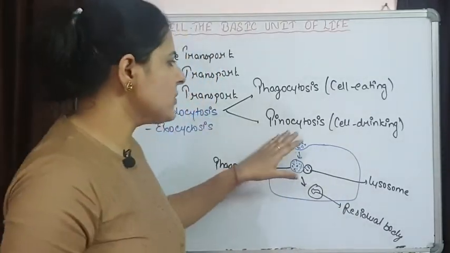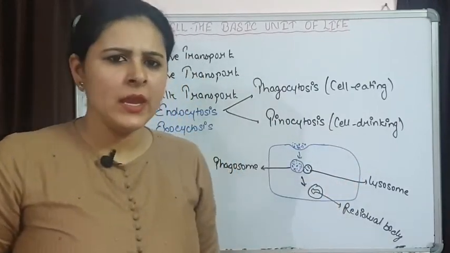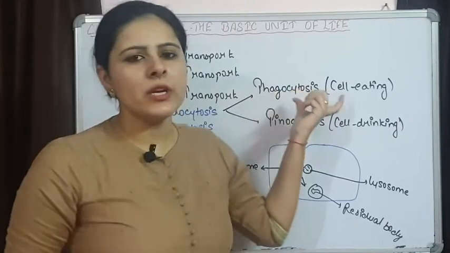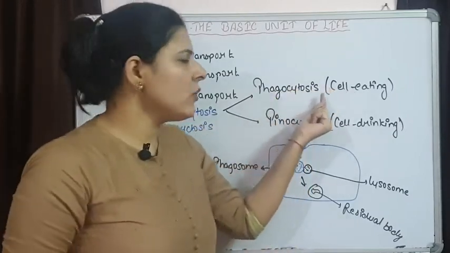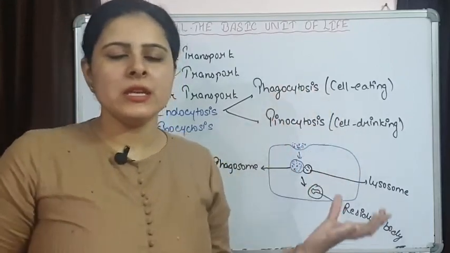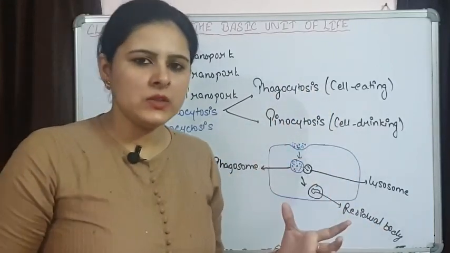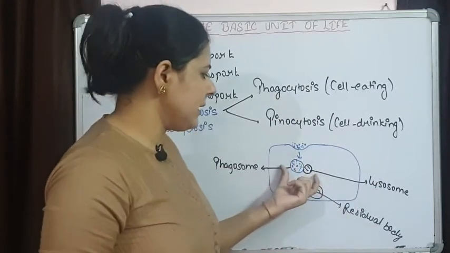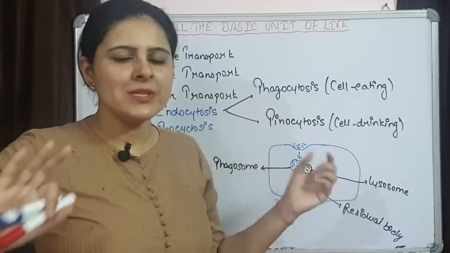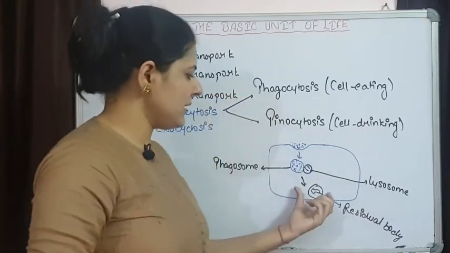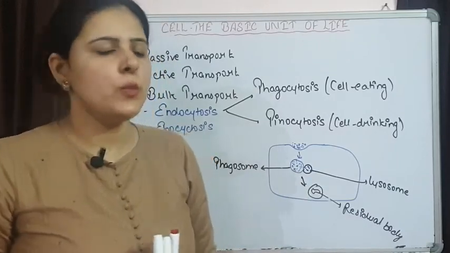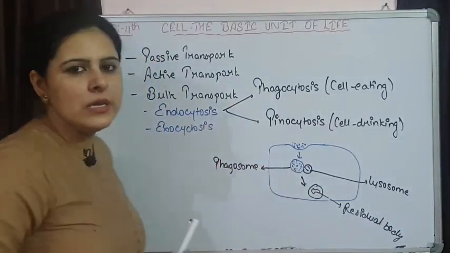This is how both the processes occur the same way, but here the cell is going to take in liquid matter, and here solid matter is taken, and for the breakdown or digestion of solid material, there is a requirement of hydrolytic enzymes which are present in lysosome. Here proper degradation of the solid material occurs, the cell is going to use the soluble forms, and the waste remaining acts as a residual body, which the cell moves out by the process of exocytosis.